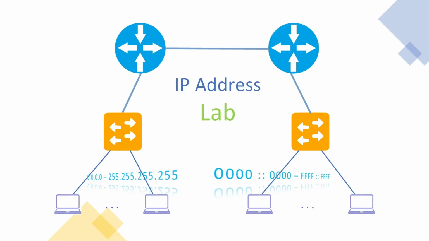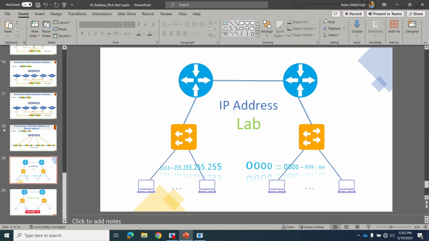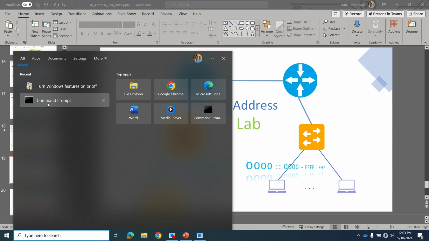Okay, so let's see. Actually, this is not that kind of lab. I just want to show you where you can find the IP address of your device. If you want to see the IP address of your device, you can go to the command prompt of your computer.